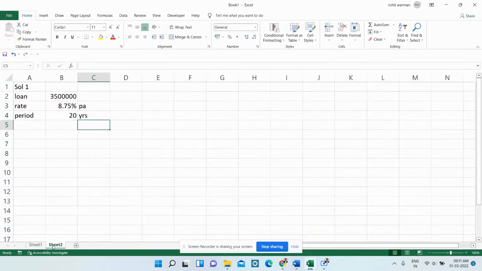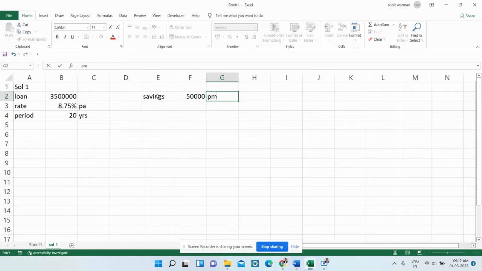Okay, so here I'll go with the solution. Another thing, savings I put here. Savings is 50,000 per month, and the returns he's getting is 15%, monthly compounding.